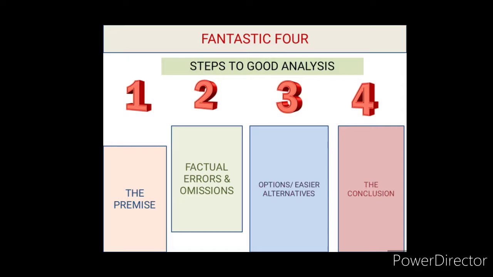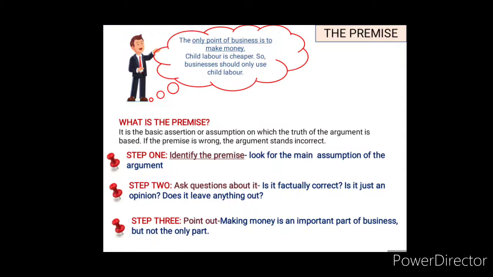So these are the 4 steps to write good analysis. Fantastic 4: the premise, factual errors and omissions, options, easier alternatives, and the conclusion. So these are some of the suggestive phrases. So let's understand what the premise is. It's the basic assertion or assumption on which the truth of the argument is based.